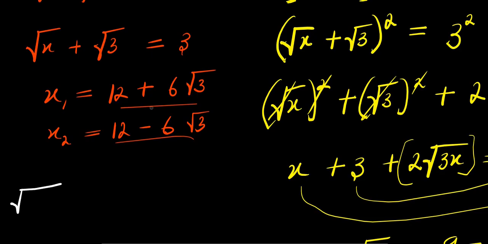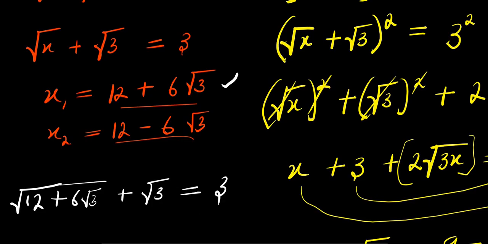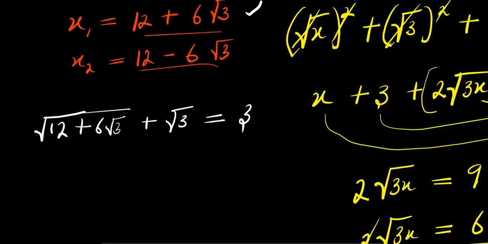So we have square root of x, the first one. Let's consider this. We have x is 12 plus 6 root 3, plus root 3, is it 3? Now, what you should know is that 6 root 3 added to 12 will give you a value greater than 3.